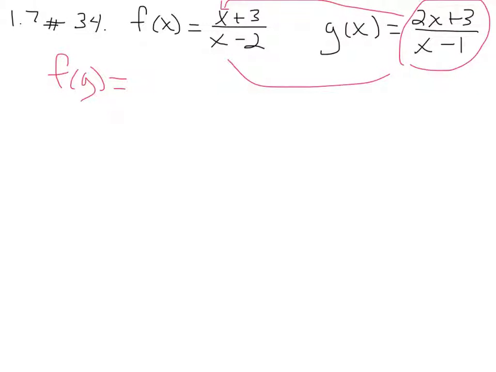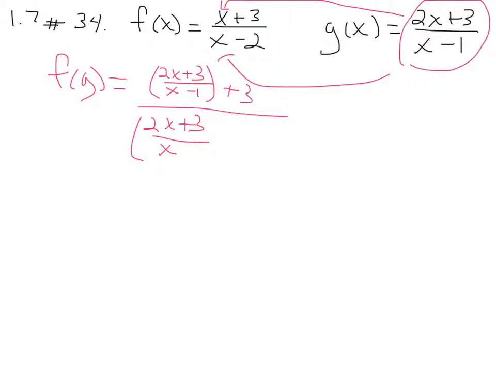For this we're going to get the quantity (2x plus 3) over (x minus 1), plus 3 on the top. On the bottom, we're going to get the quantity (2x plus 3) over (x minus 1), minus 2.